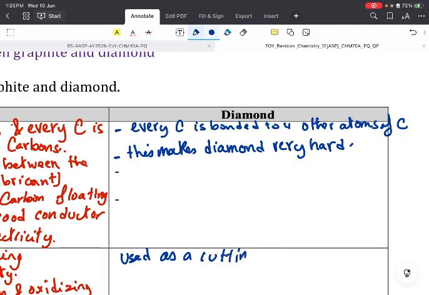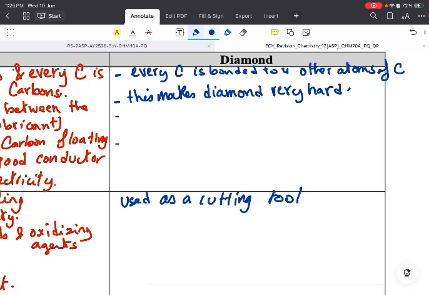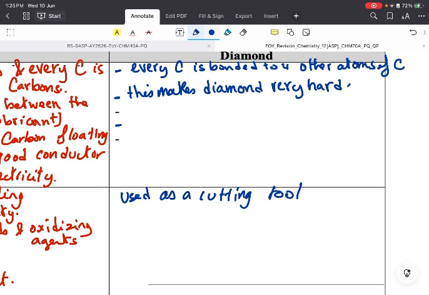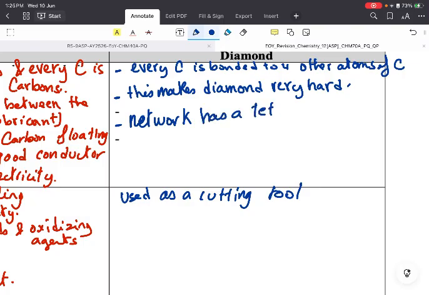Now, the next thing, as I mentioned, every carbon has 4 bonds around it, so it's making a tetrahedral shape. So the network has a tetrahedral network of carbon atoms bonded together.